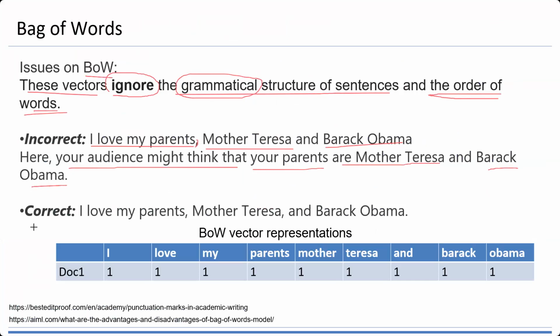The correct one should be something like this: I love my parents, Mother Teresa, comma, and Barack Obama. So in this case, people will understand that I love my parents, Mother Teresa, and Barack Obama. There are three objects in this case.